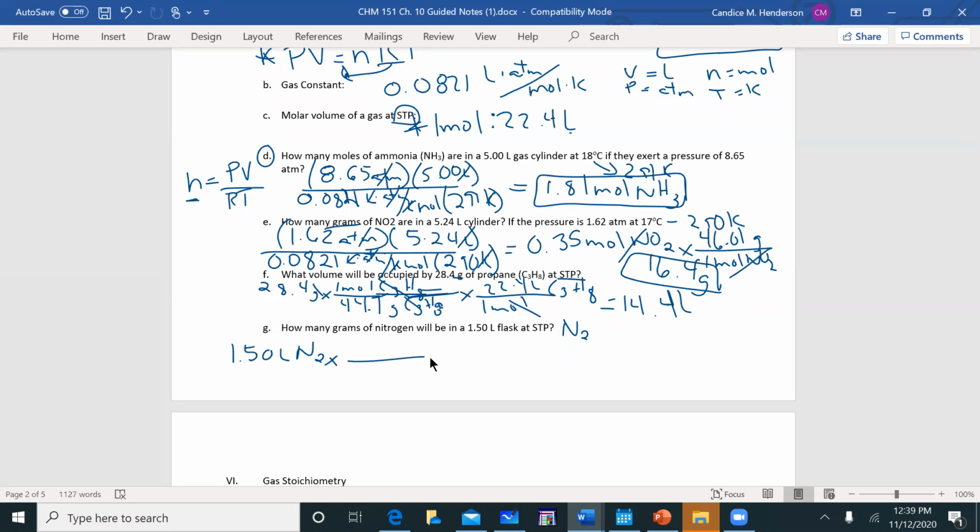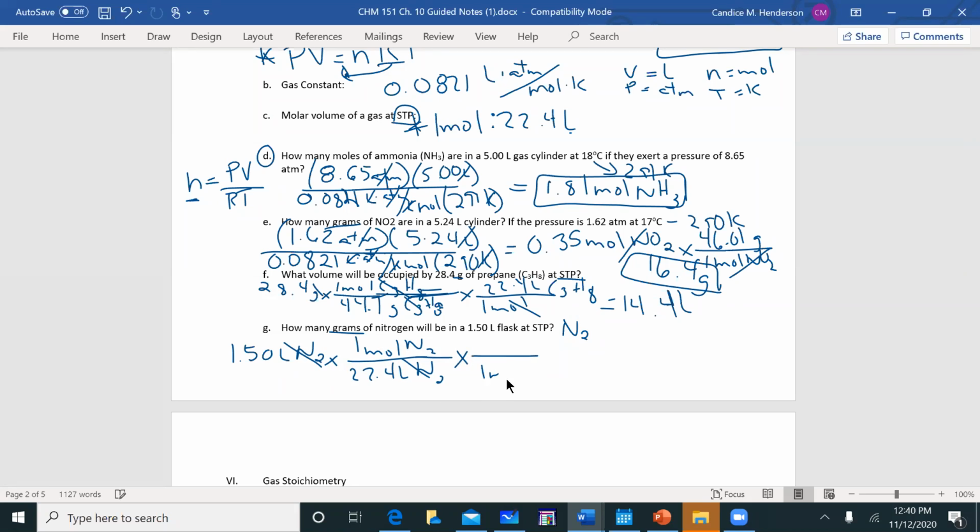All right, well, if I'm at STP, for every 1 mole of nitrogen gas, it will be equivalent to 22.4 liters of N2 gas. That gets me out of liters and into the amount of the gas. The problem says to refine it from moles into specifically grams.